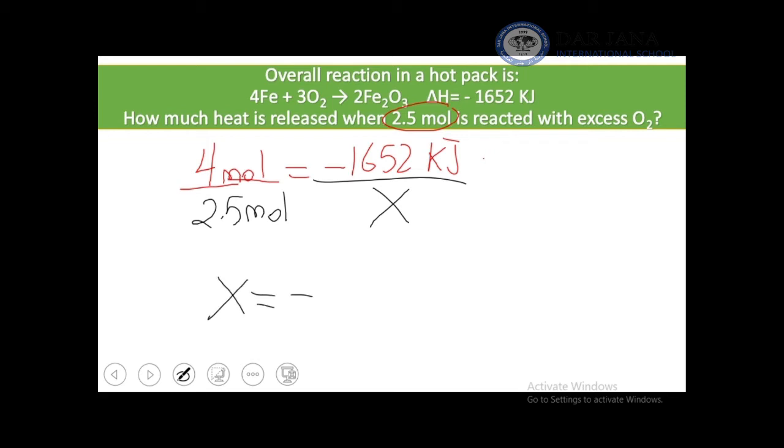X will be equal to negative 842.4 kilojoules. Again, any chemical reaction that is a thermochemical reaction follows the stoichiometric ratios, and we are able to use the mole ratio to find the delta H produced or released, whatever the amount of moles used.